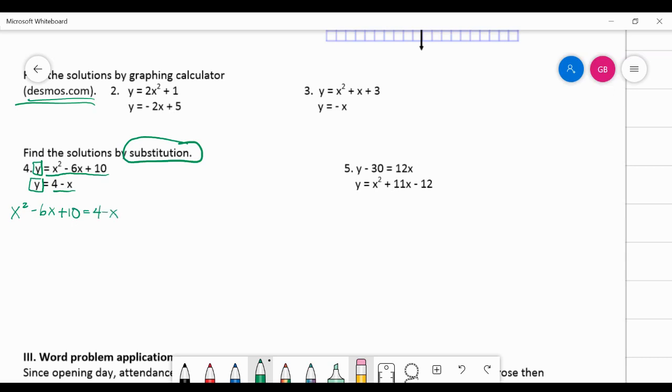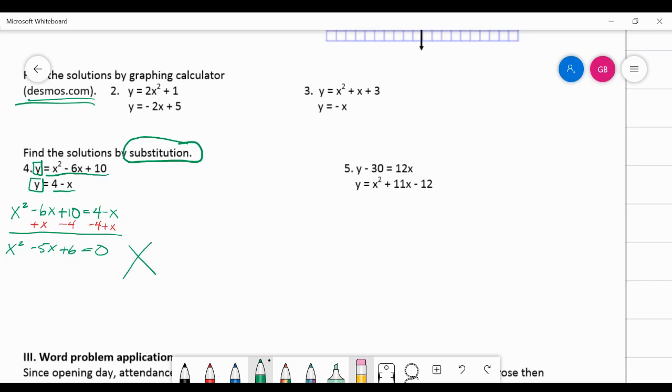Now you want everything on the same side and you want to set it equal to 0. So you're going to subtract 4 and add x to both sides. So subtract 4 from the 10 and then add x to the negative 6x. So now you have x squared minus 5x plus 6 is equal to 0. Now you're going to solve by factoring.